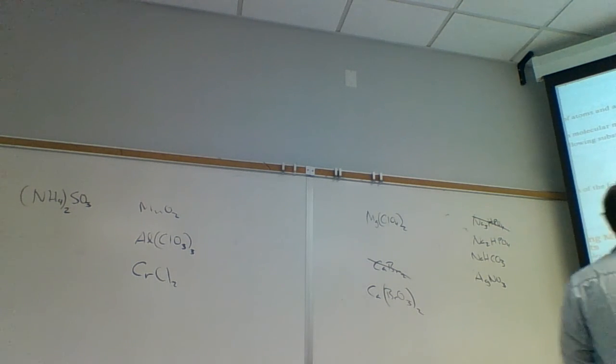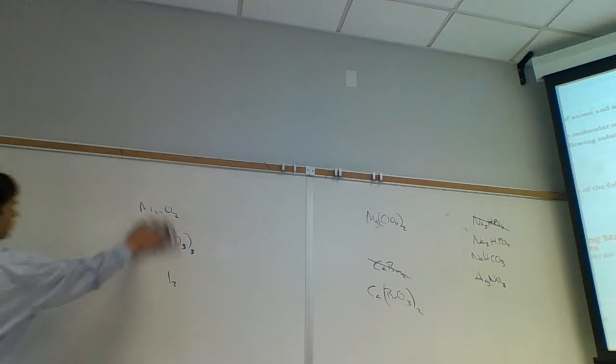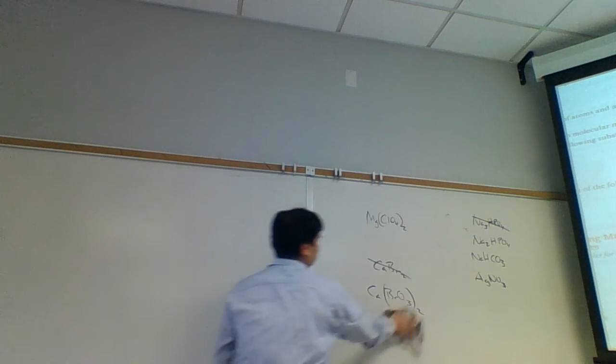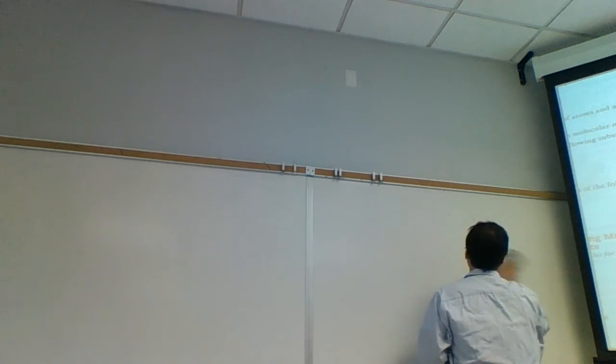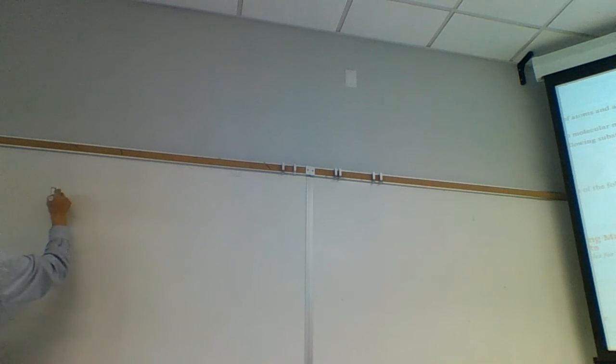We can do the first one, beryllium nitrate. What's the formula for beryllium nitrate? Yeah, good. Be(NO3)2. So if we have 85.5 grams of beryllium nitrate, I need the molar mass, so I've got to do this quickly.